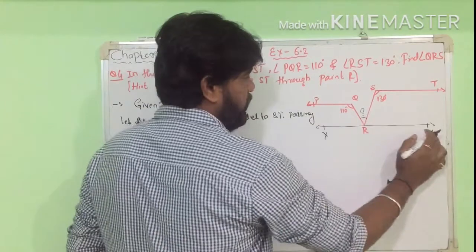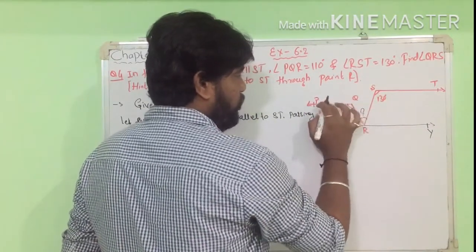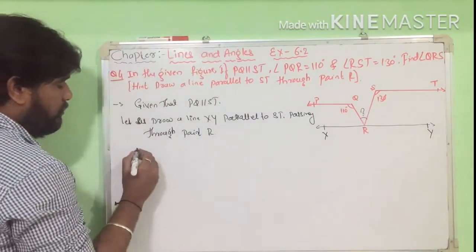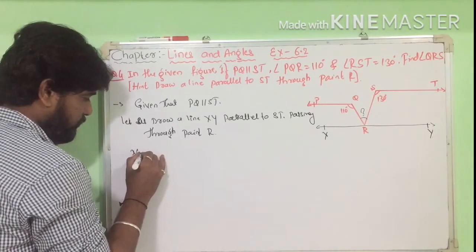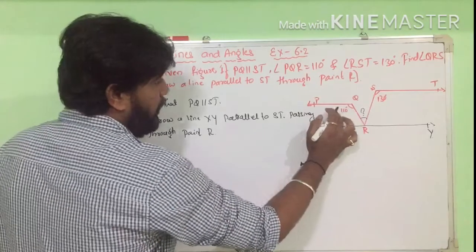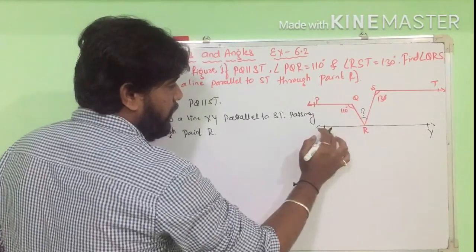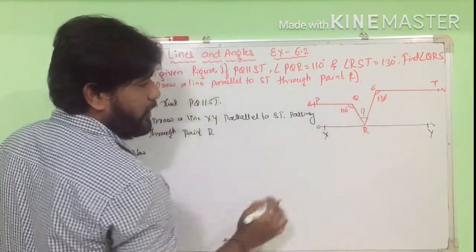Now XY is parallel to ST, and it is also parallel to PQ, because PQ is parallel to ST, right? Now see here, angle PQR and angle XRQ are co-interior angles.